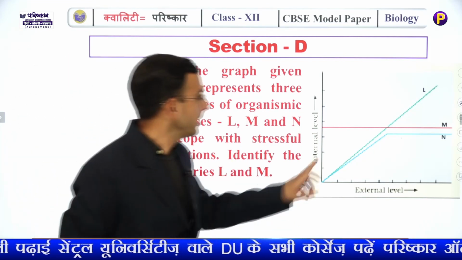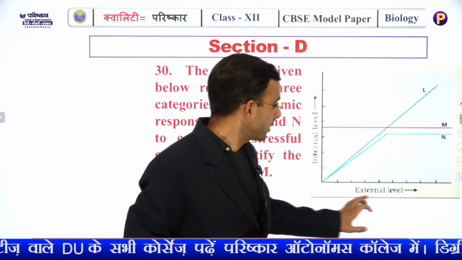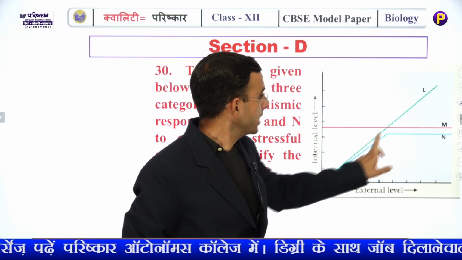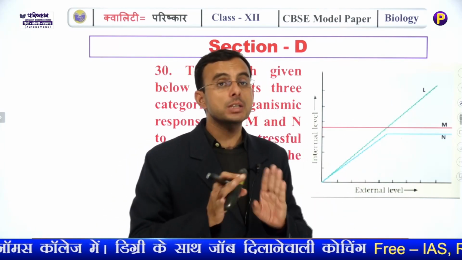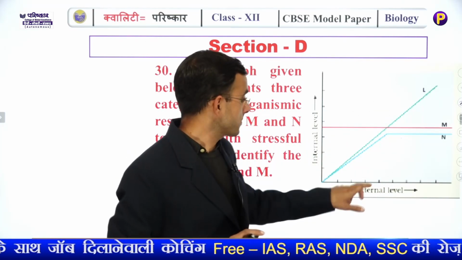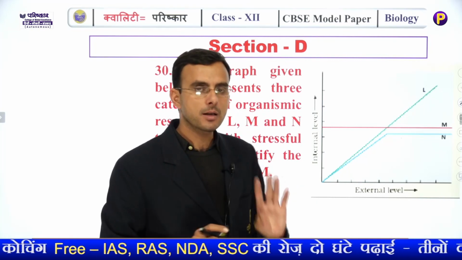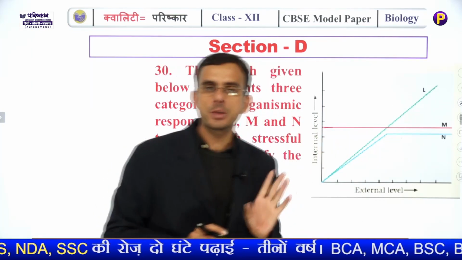So what is L? In that condition, as the external conditions increase, the internal environment also increases. So in L there is a change in the internal environment of the organism. On the other side, in M, whatever the external condition, the internal environment of the organism is fixed.